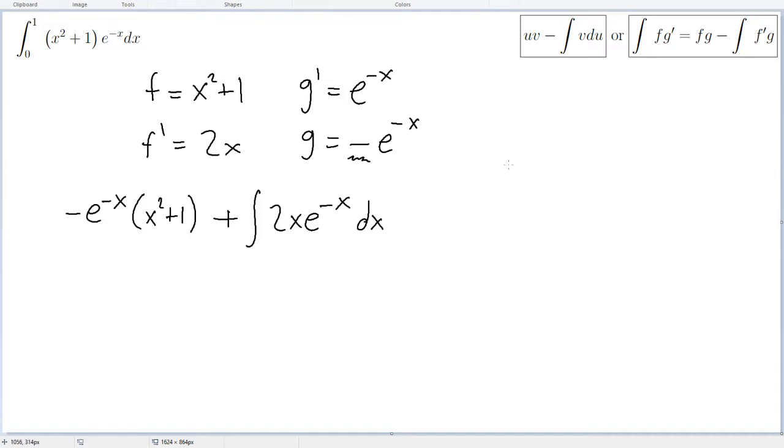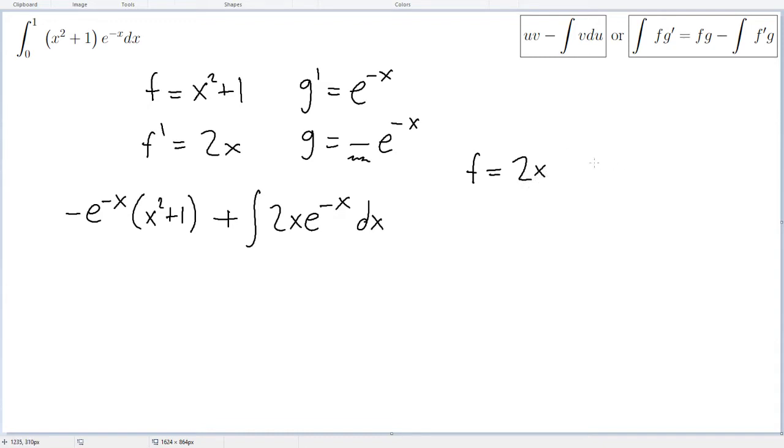And then of course we have to integrate by parts again. Again, I always want to derive the polynomial. You could derive 2x or x, it doesn't matter. If you derive x, just don't forget about that constant 2.